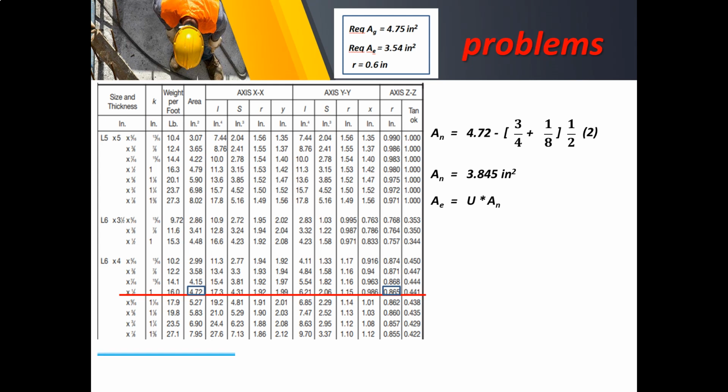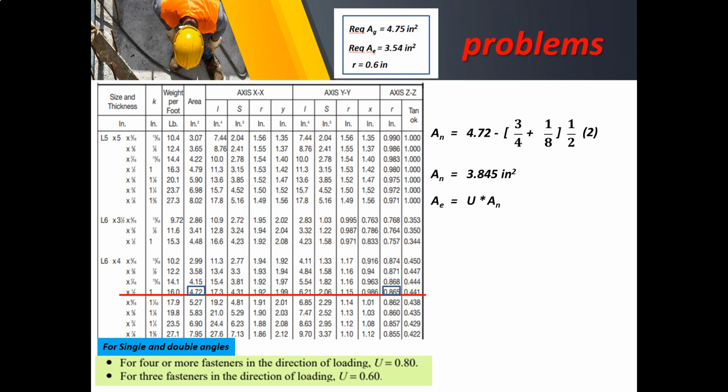But this time, we have an angle, so we are going to refer to the alternative method to get the derived U. Recall that for 4 or more fasteners in the direction of loading, U is equal to 0.8.